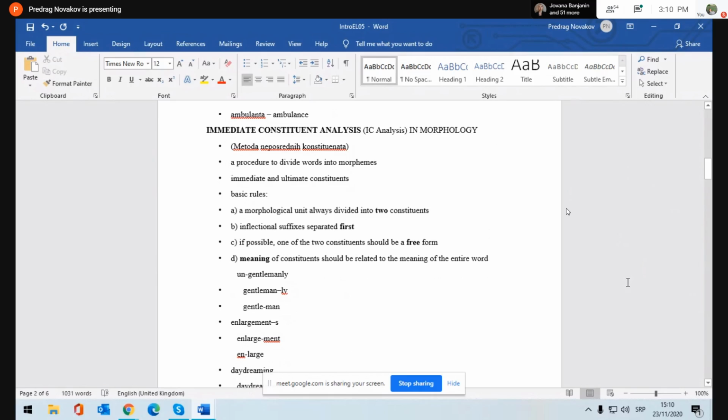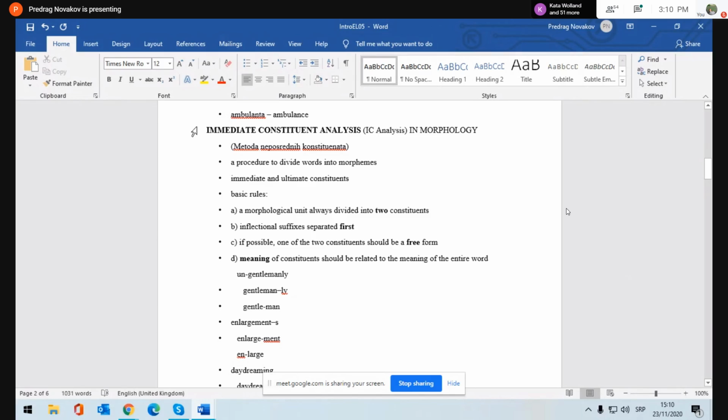that we can, this is word formation, borrowing, translation loans. And now we have to take a look at the process of analyzing words, dividing words into morphemes. Okay, this process is called immediate constituent analysis, abbreviated IC analysis.